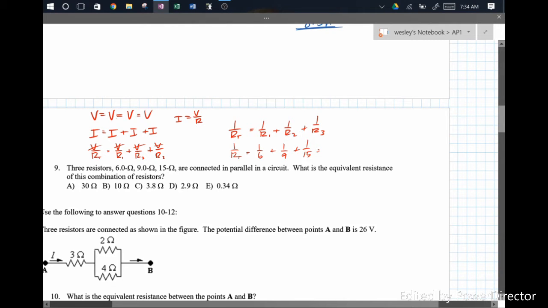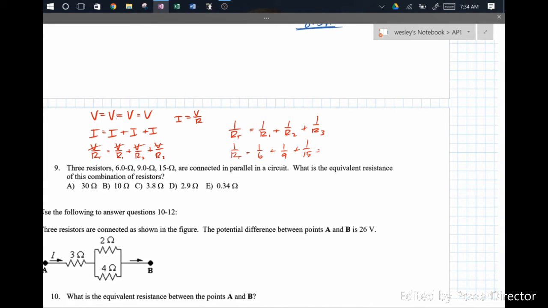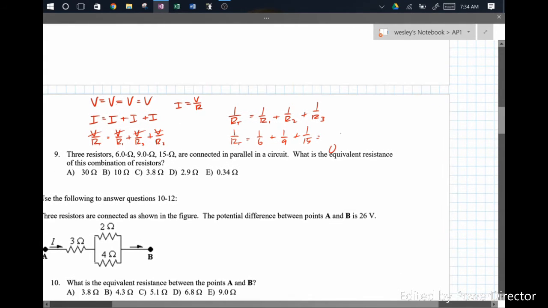If you put all of that into your calculator, you get 0.344. So 1 over R total is equal to 0.344. I'm not looking for 1 over R total, I'm looking for R total.